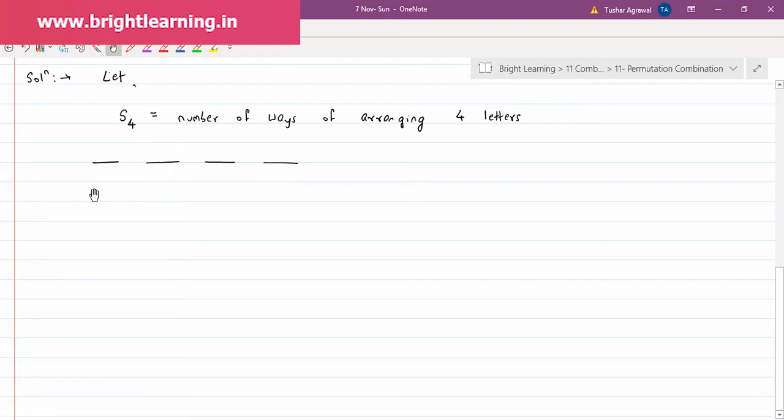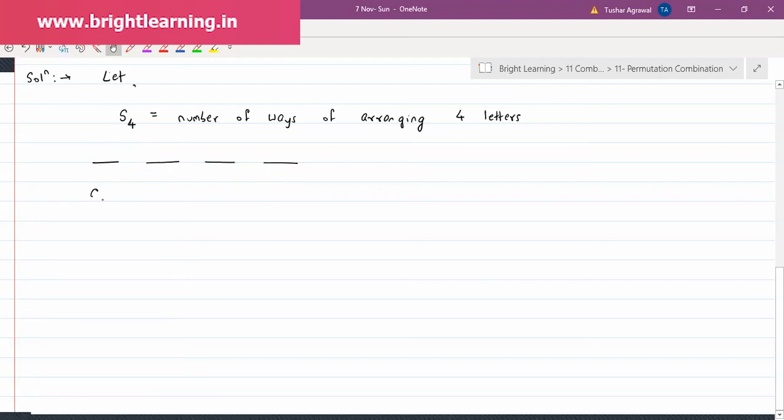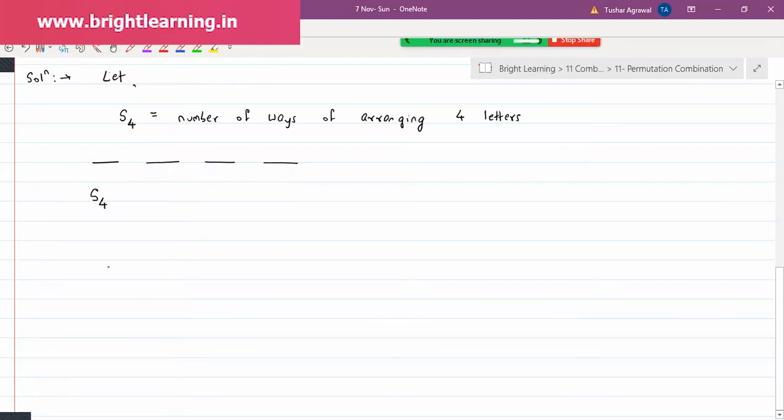So S4 is the total number of arrangements. If I place F at the first position, is the total number of arrangements equal to S3? Do you agree with me? Yes, F is fixed at the first position, and the total number of arrangements is S3, the remaining 3 letters.